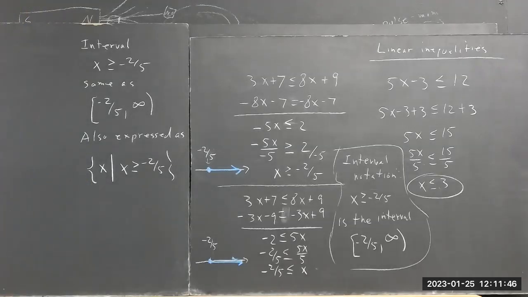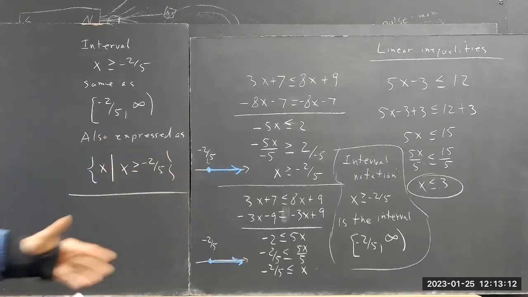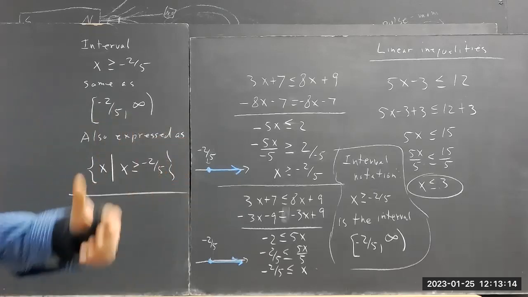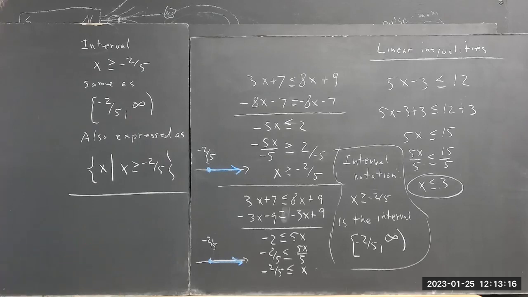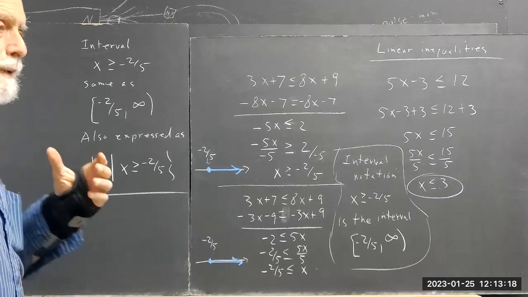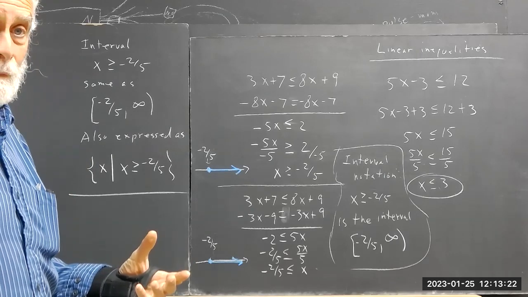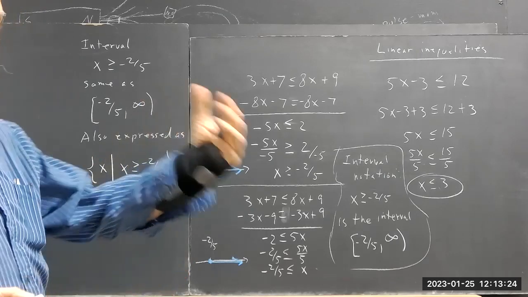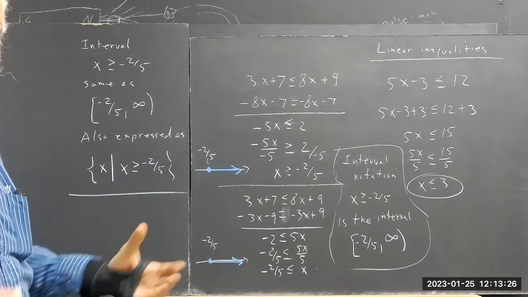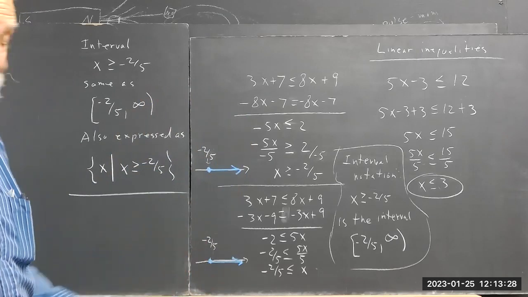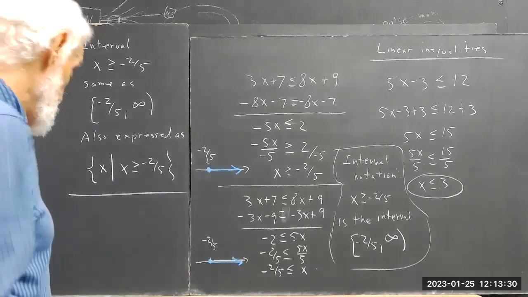Now, the question is, later on in the course, and we could actually do it here, on one of the inequalities we had x in the denominator. If we have x in the denominator, it can't be 0. Because you can't count to anything by zeros. Okay, it just doesn't work. You can't define division by 0.